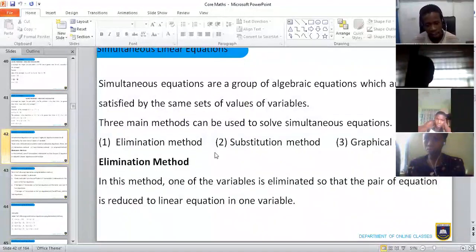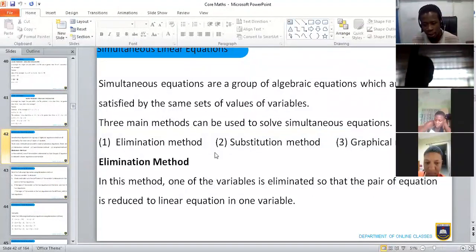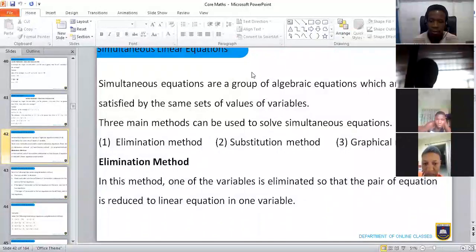So we will be looking at the three main methods in commerce that can be used to solve simultaneous equations. That is, we have the elimination method, the substitution method, and the graphical method. We will first be looking at the elimination method.